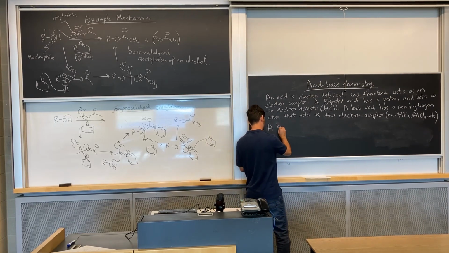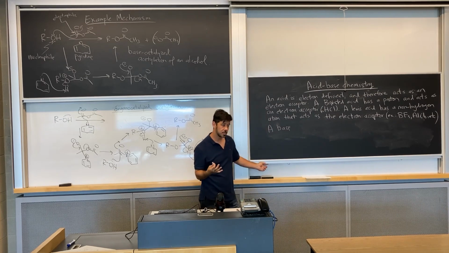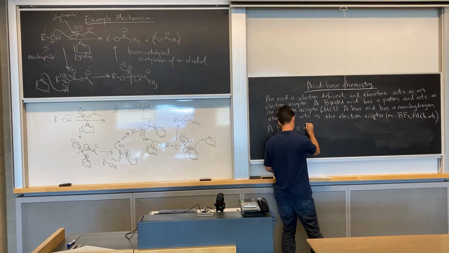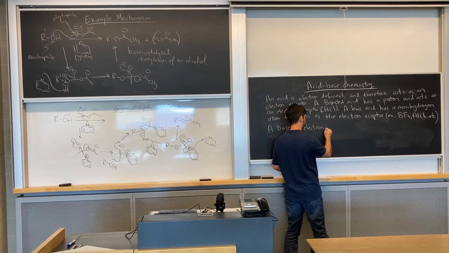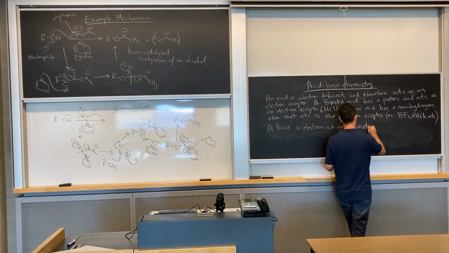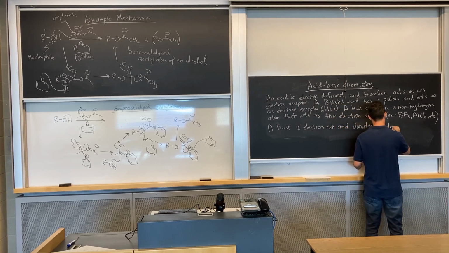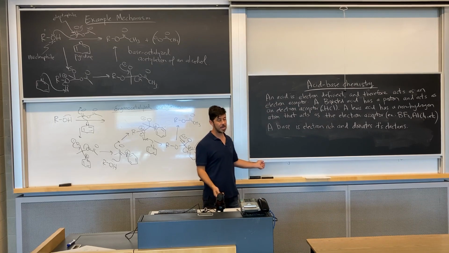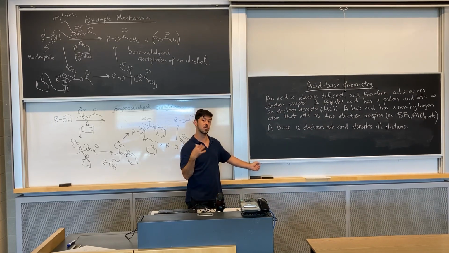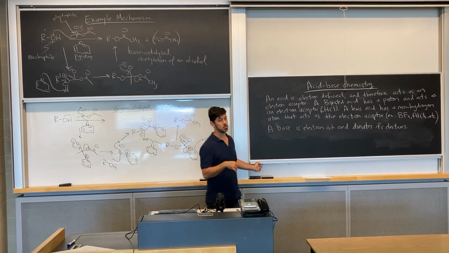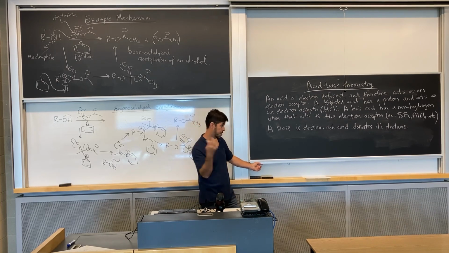In contrast, a base is electron rich, and it's willing to donate its electrons to something that is deficient. And so a base is electron rich and donates its electrons. Okay, so a Bronsted base would donate electrons to a proton, for example, and a Lewis base would donate electrons to a non-hydrogen atom. Makes sense, right?